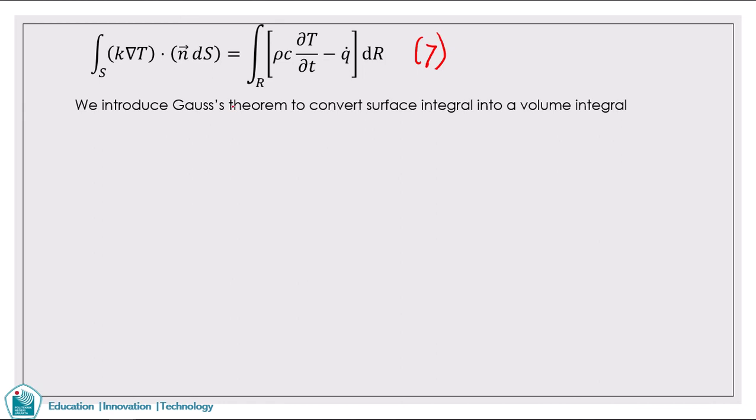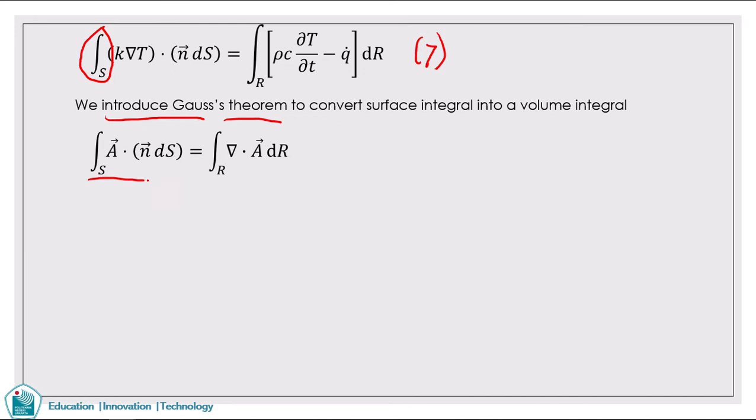To solve it, we introduce what is called the Gauss Theorem. The Gauss Theorem can convert the surface integral like this into a volume integral. How to convert it? For example, this is a surface integral.